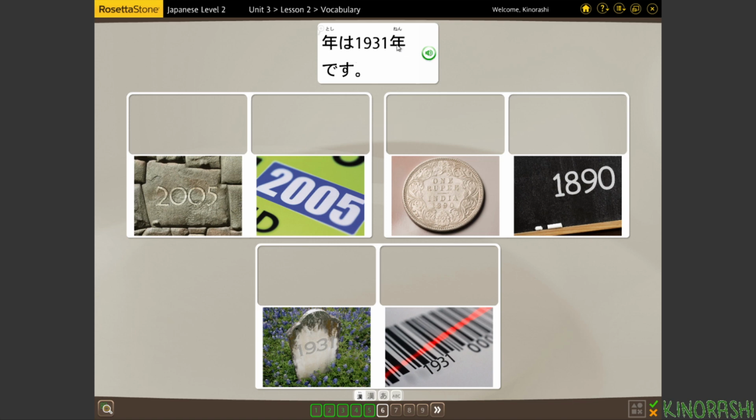So "nen" is what came over from China for this symbol's pronunciation, and then "toshi" is what got invented in Japan for the symbol's pronunciation. All right, let's continue.